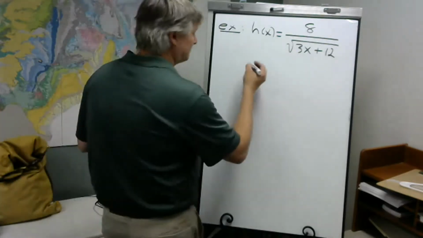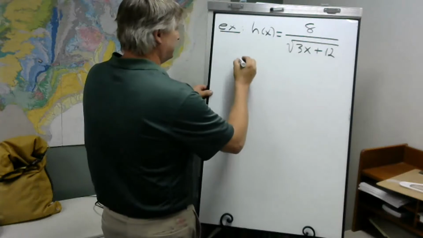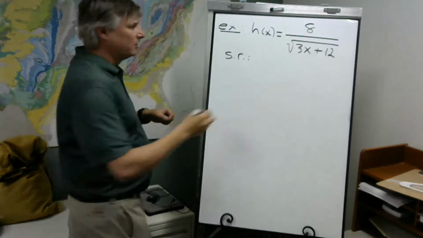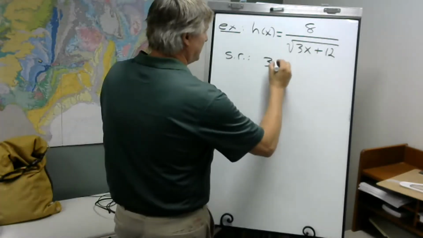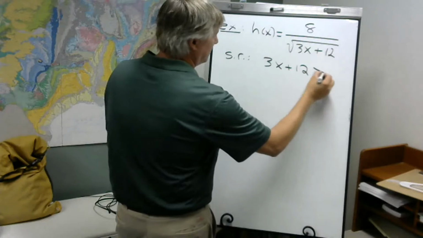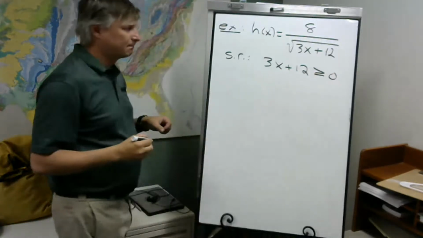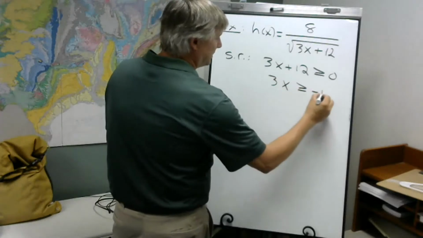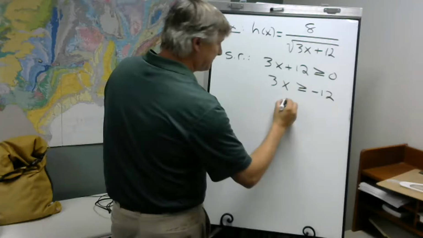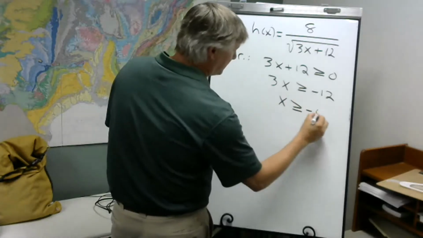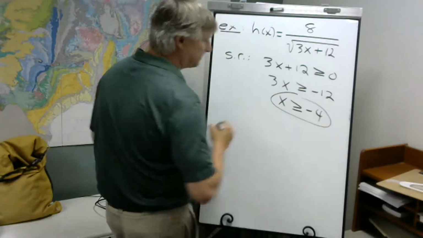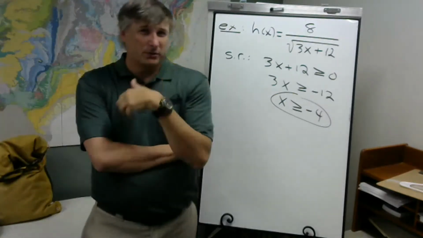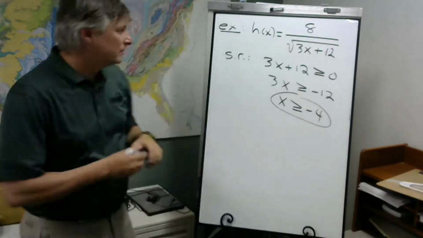Let's take a look. Well, for the square root, I'll abbreviate square root, we need 3x plus 12 greater than or equal to 0. Or 3x greater than or equal to negative 12, or x greater than or equal to negative 4. So that's for the square root, so you don't end up taking the square root of a negative number.